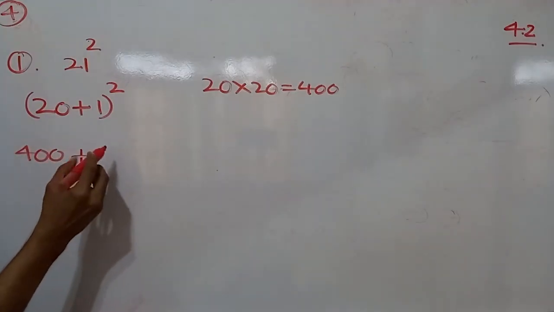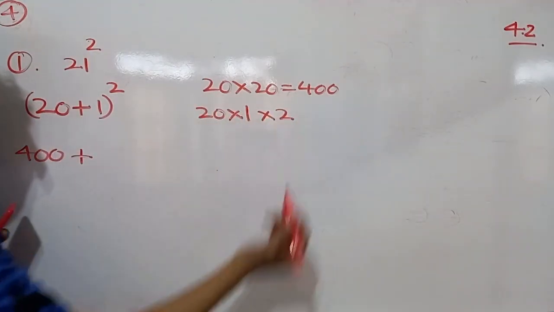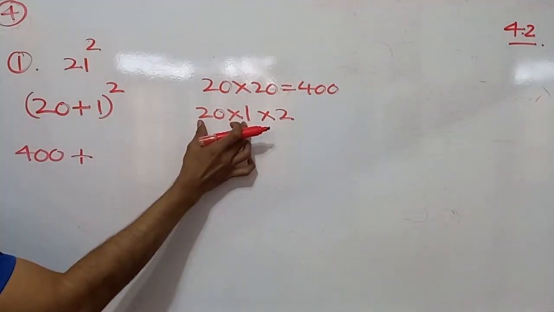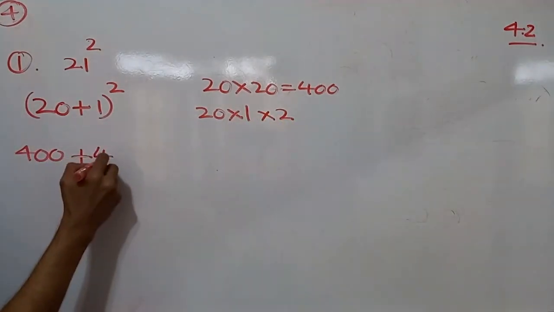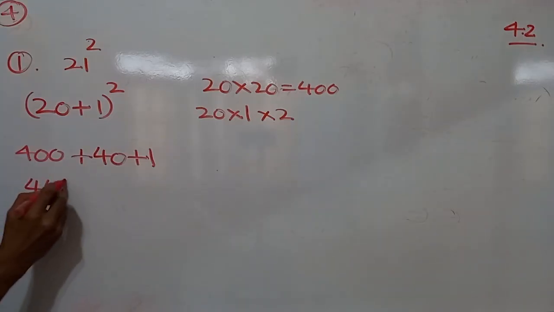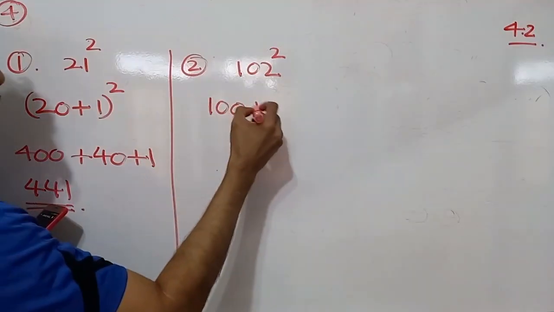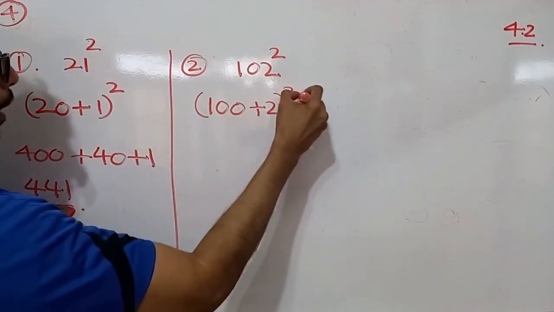Then 20 into 1 multiplied by 2. 20 times 2, that is what? 40. Plus 1. So what is the answer here? 441. So we can rewrite this as what? 100 plus 2 whole thing square.